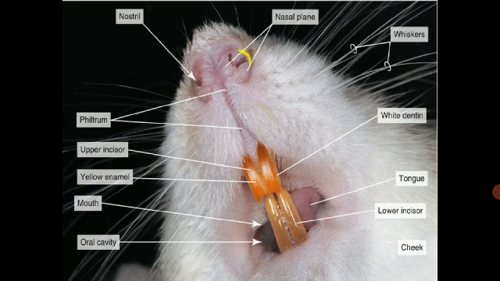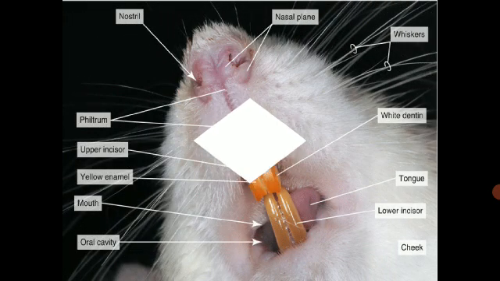So these are the nostrils, small openings which are helpful for the process of respiration. Then the nasal plane, you are able to observe the nasal plane. These are the whiskers, or we also call them vibrissae. Okay, so these are the whiskers.